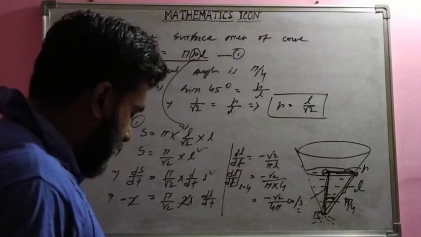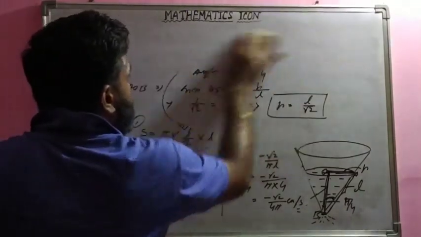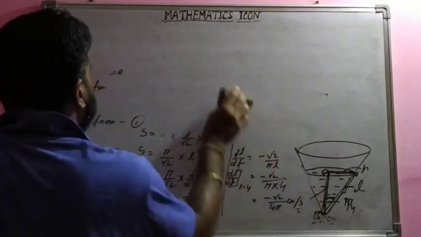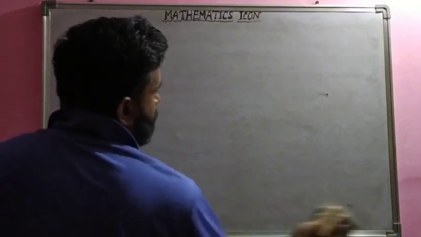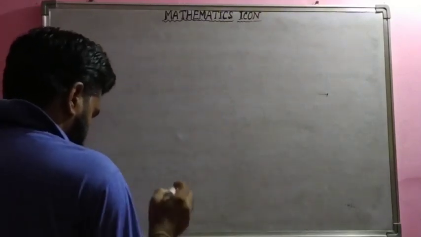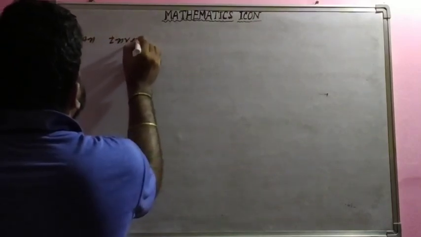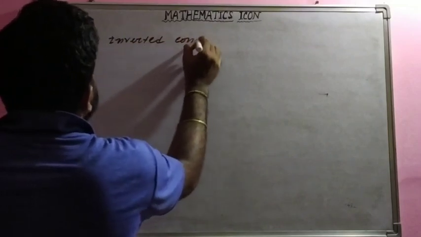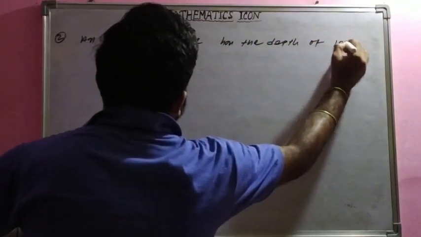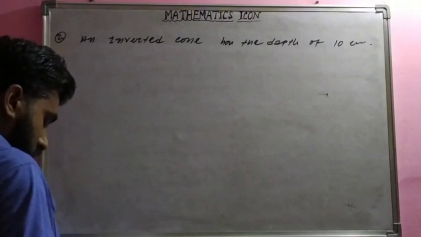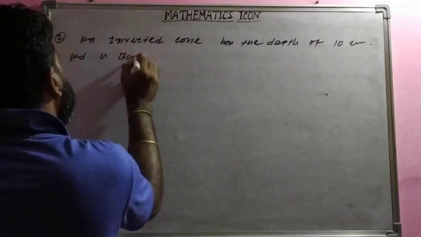An inverted cone has a depth of 10 centimeter. Just write the question. An inverted cone, that means ulta cone, has the depth of 10 centimeter and a base radius of 5 centimeter.